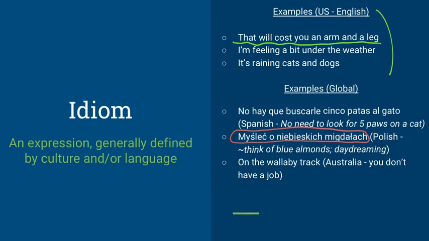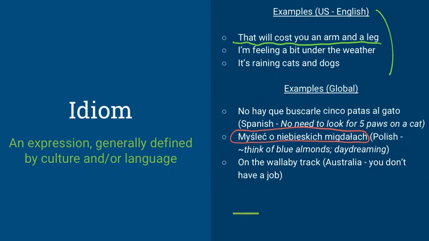Lastly, jumping back to English, "on the Wallaby track." Now that is something that is spoken in English. However, we cannot forget that English is spoken on multiple continents. Multiple countries also speak English. So in Australia, by saying you're on the Wallaby track, you're just pointing out that someone doesn't have a job.